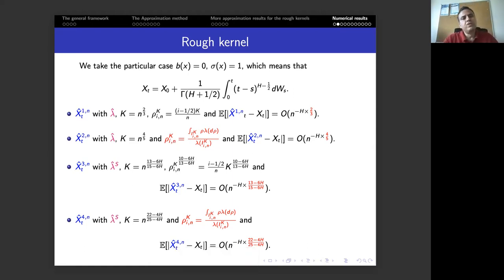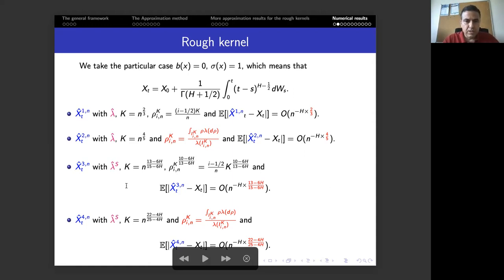Then let us move to the third approximation, which is the Simpson rule, with a naive choice for the weights on the Riemann approximation part. Recall that in lambda hat Simpson, there is still a Riemann approximation on the interval 0 to k to the power beta, and the Simpson rule only applies on the interval from k to the power beta to k.